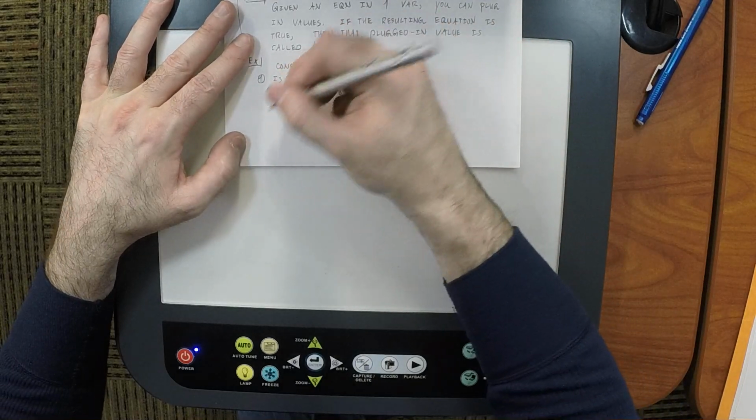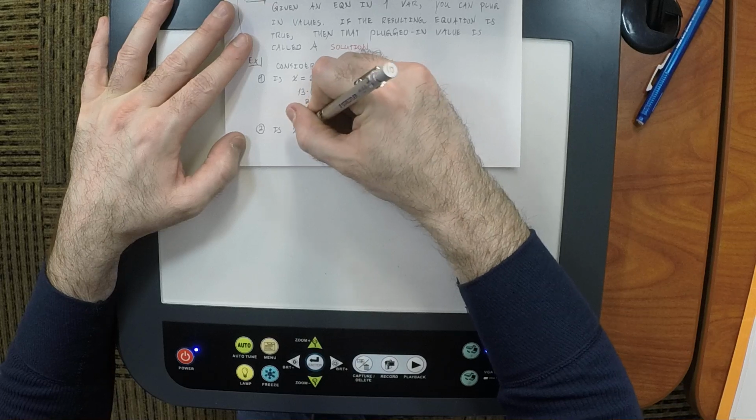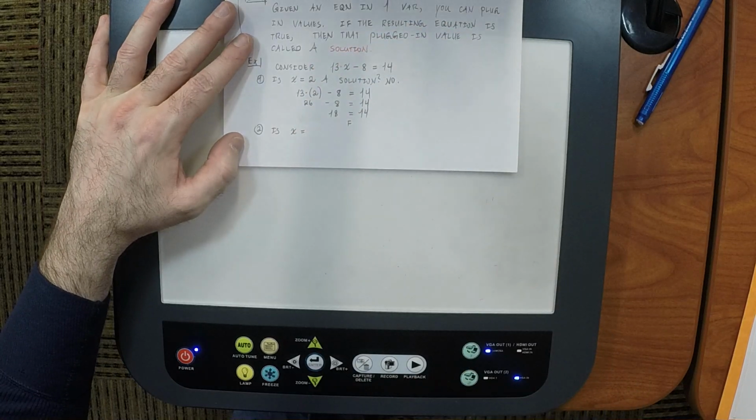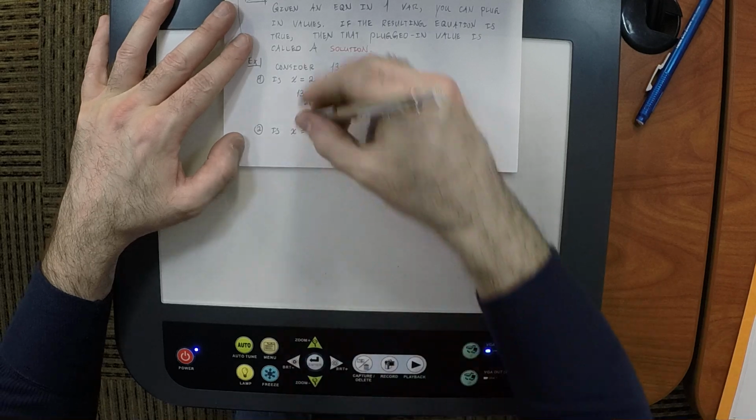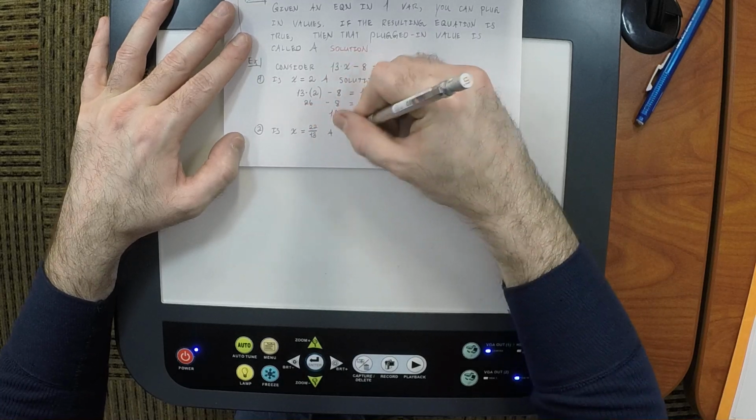Then I could ask, well, is x equal to 22 over 13 a solution?